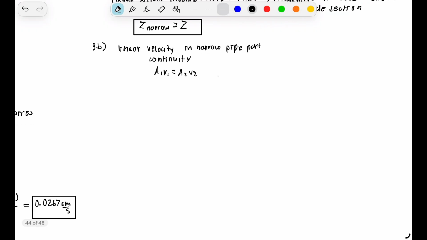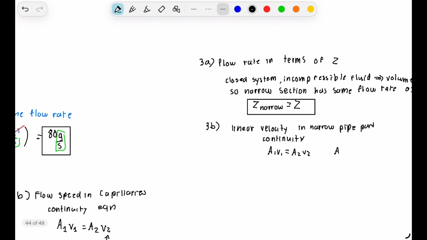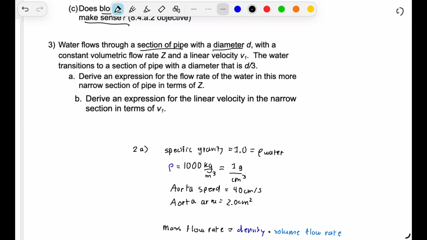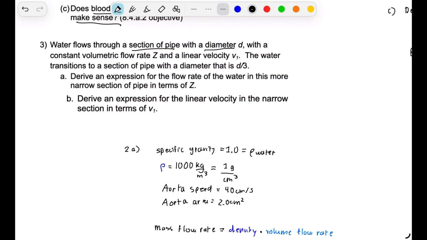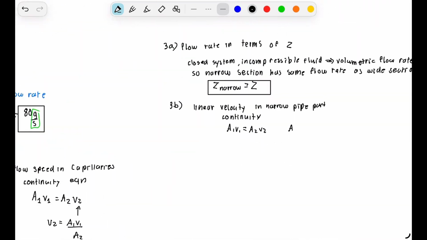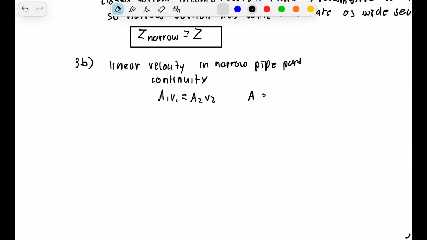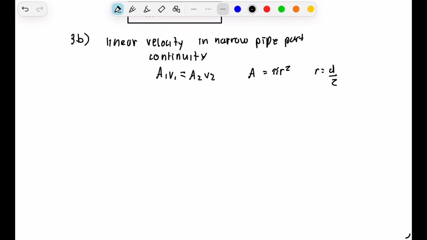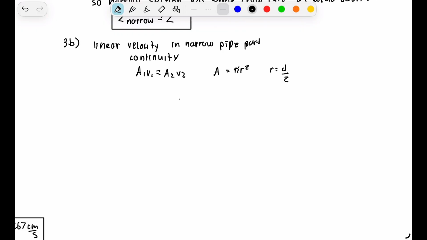So we know that we had to find the area, but what we were given in this scenario is that this pipe is going to be having a diameter. Diameter implies that it's going to be a circle. So we can use area is equal to pi radius squared. And we know radius is equal to the diameter divided by 2. So we can find our original area, which is our original cross-sectional area.